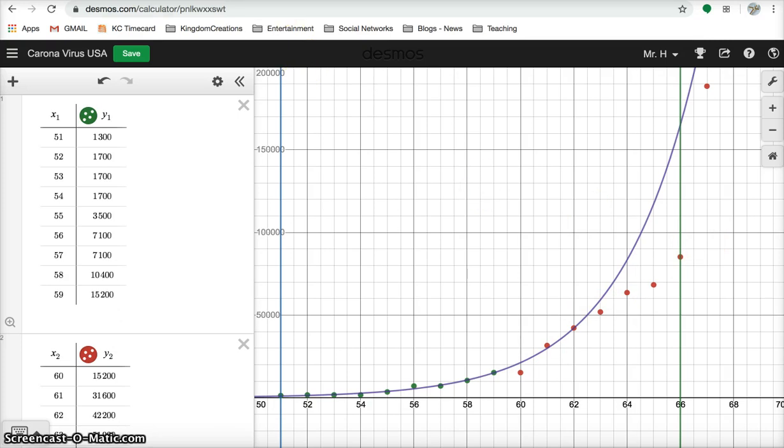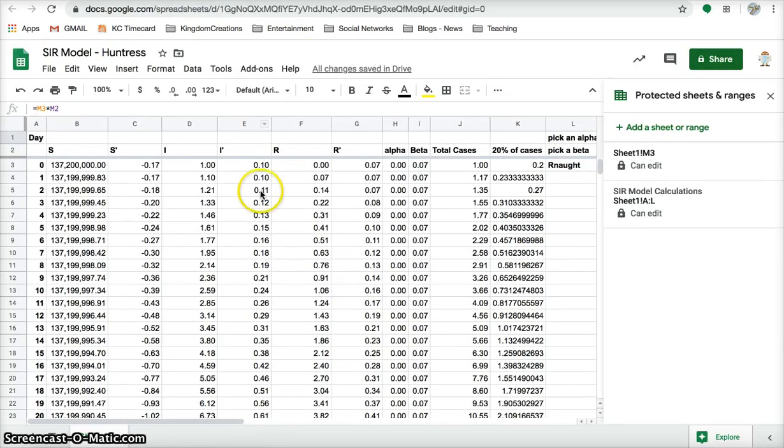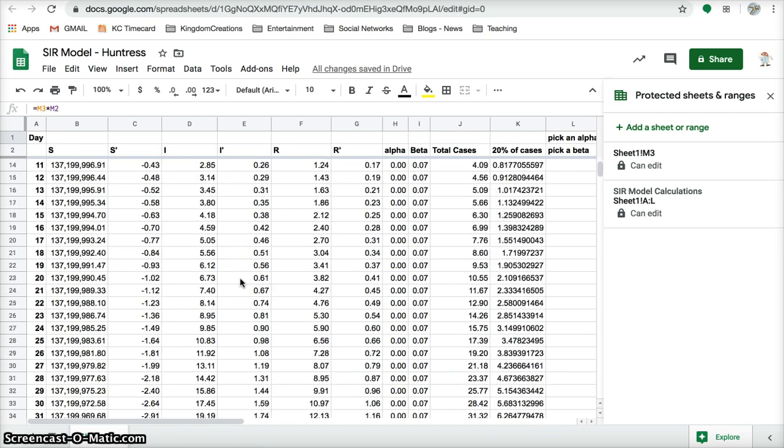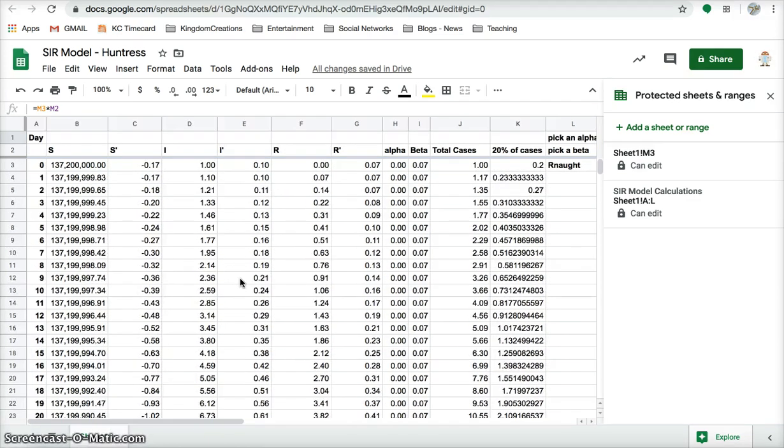So what I've done is I've built a numerical solver for you for the SIR model. Now this looks very, very complicated, but I'm going to walk you through this Google Sheets to show you how this is calculating what's going on. So first of all, this first column is the number of susceptible people.